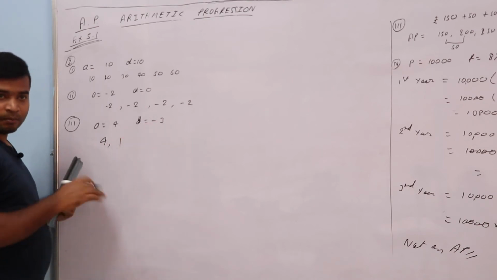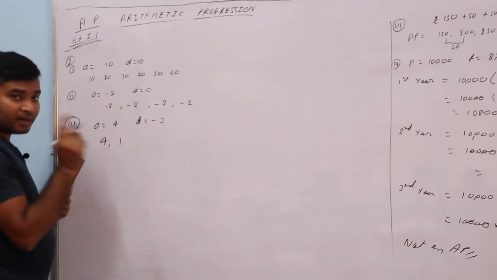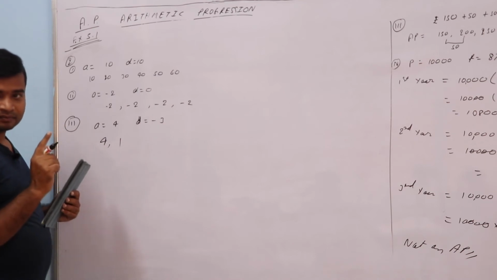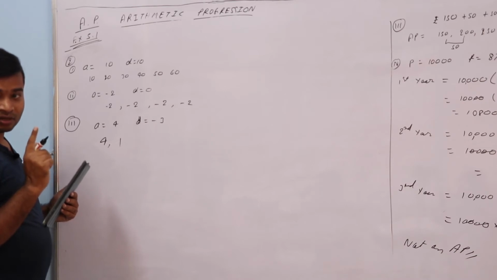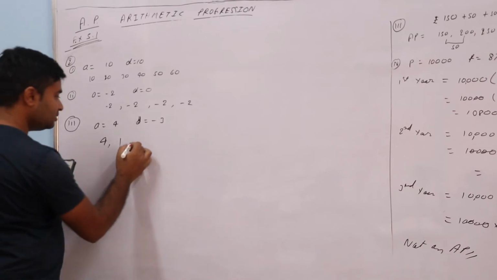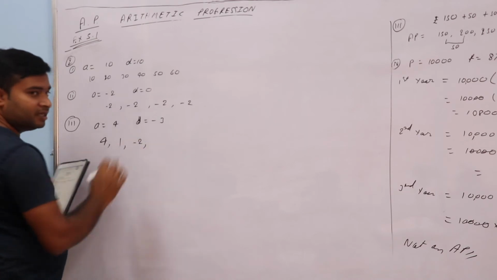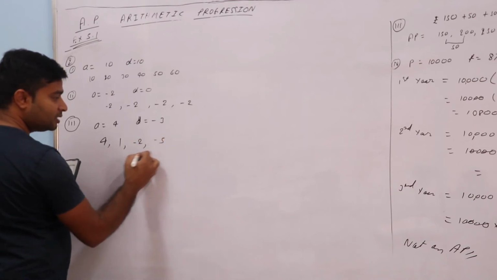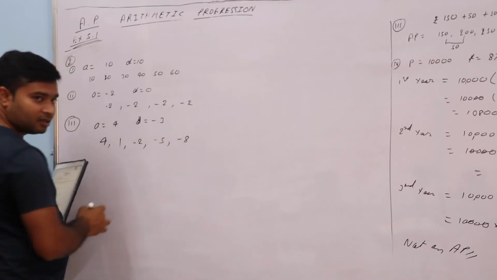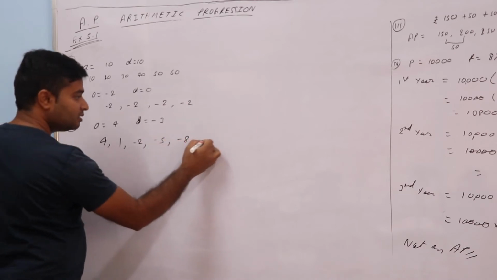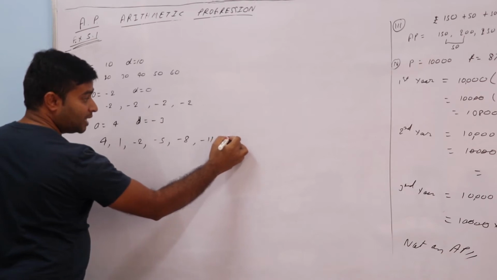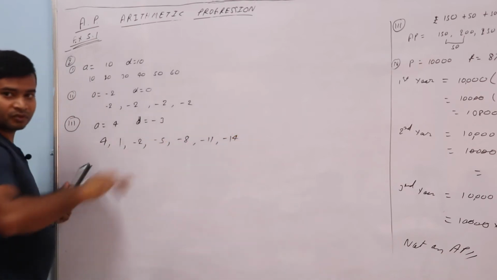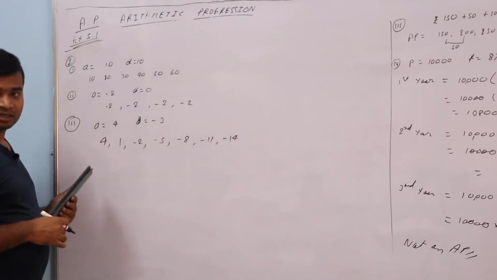Then 1 minus 3, how much will we get? Minus 2. Again minus 3, minus 5. Minus 3, minus 8. Minus 3, minus 11. Minus 3, minus 14. So like this you get the terms. Yes or no? Yes, sir.